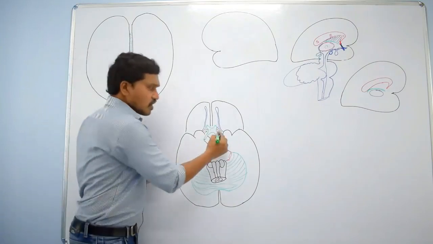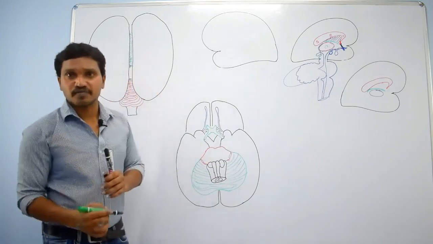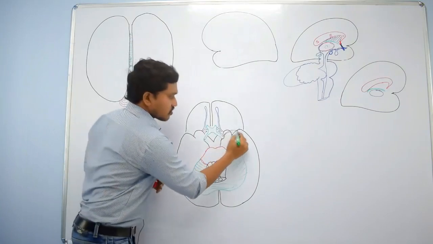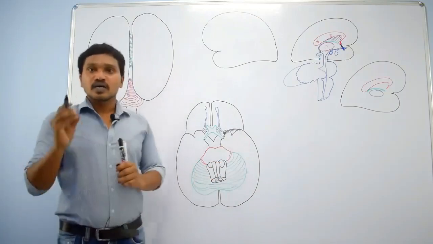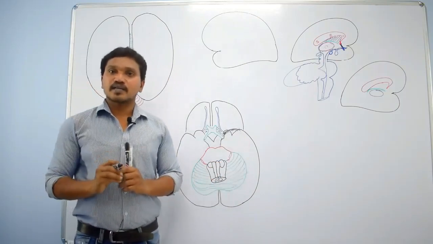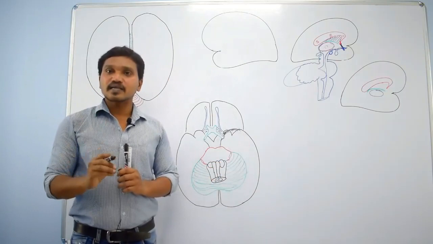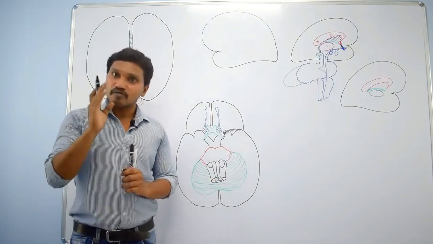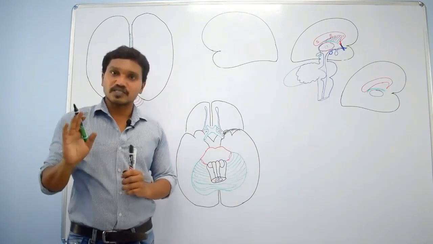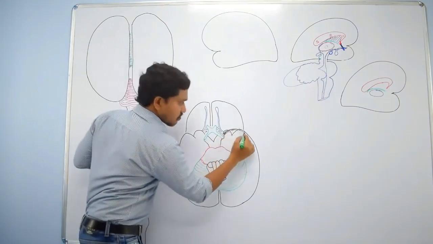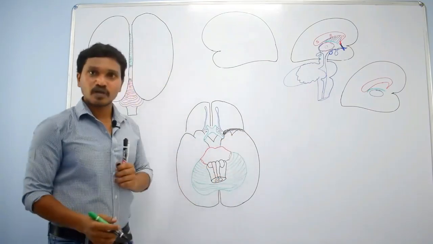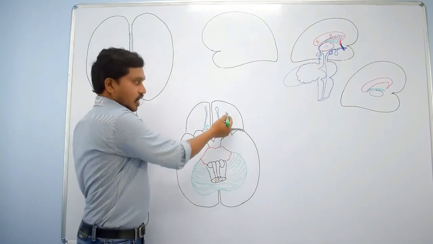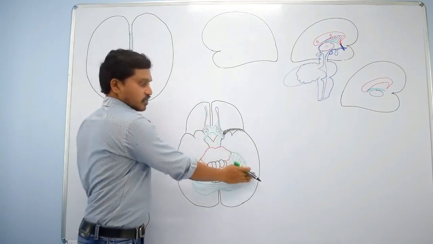From the anterior perforated substance there is the origin of a sulcus. This sulcus we call the lateral sulcus. This lateral sulcus has a stem first, then it divides into branches. This is the stem of the lateral sulcus, which separates the orbital surface from the tentorial surface.